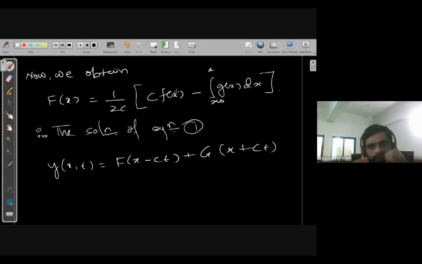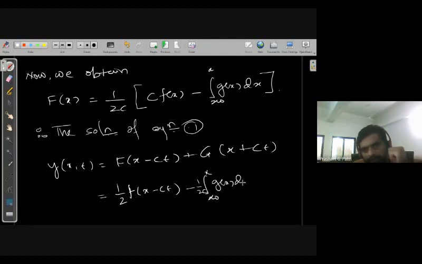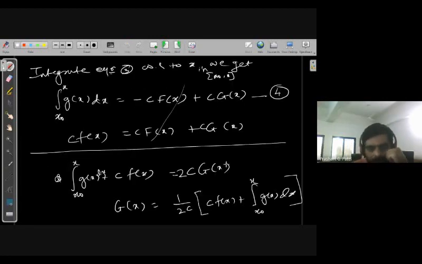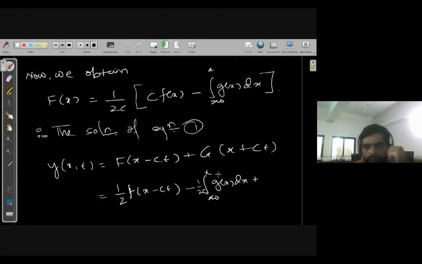So I substitute this value of F here, that will give me 1 by 2 small f(x minus ct) minus the integral from x0 to x minus ct of 1 by 2c g(x) dx, plus G(x plus ct).